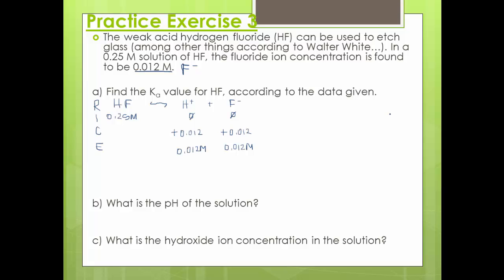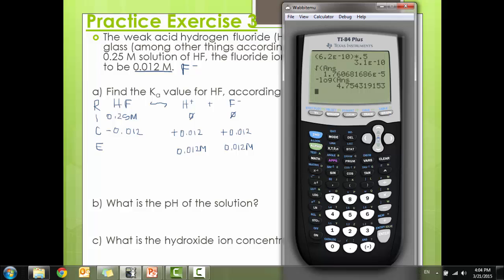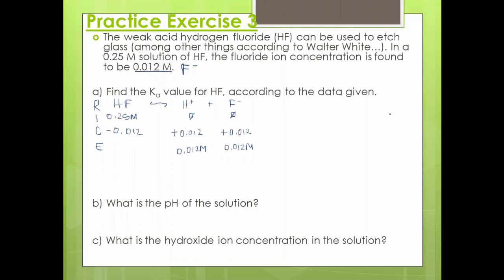And if the ions were increasing in value, the original acid was decreasing or ionizing, so minus 0.012. Okay, so we can actually calculate the final value of the HF. We're just going to subtract. So 0.25 minus 0.012, 0.238, 0.238 molar. So we see that it decreased by just a little bit.